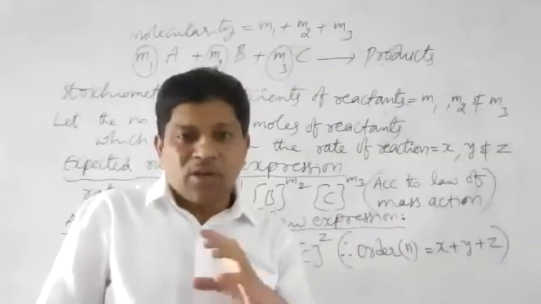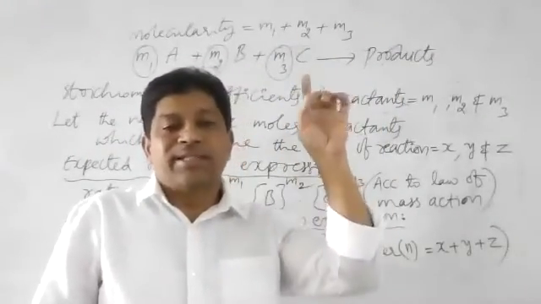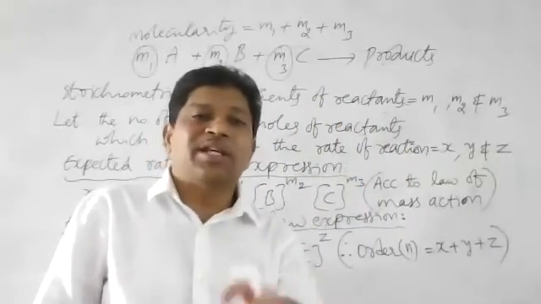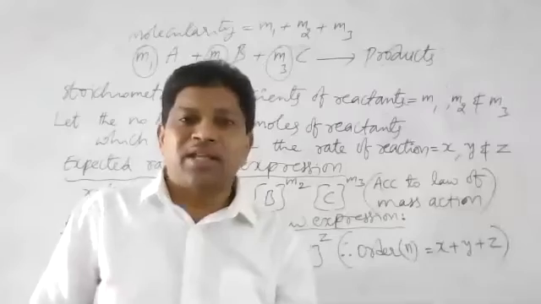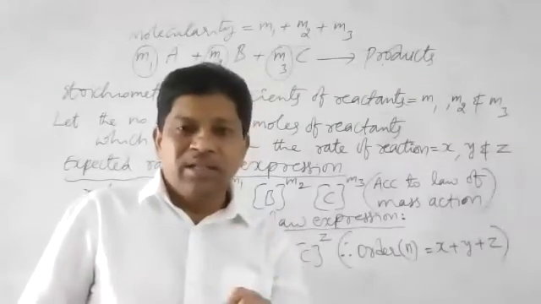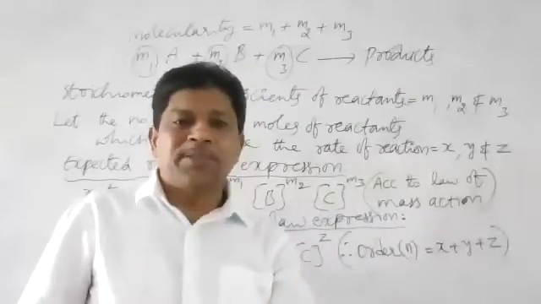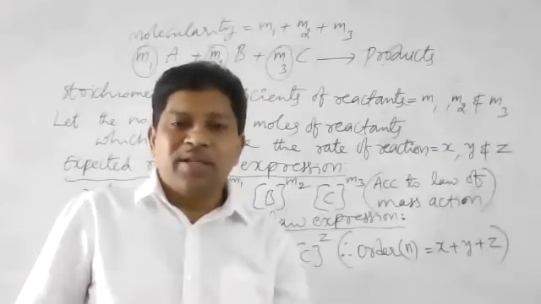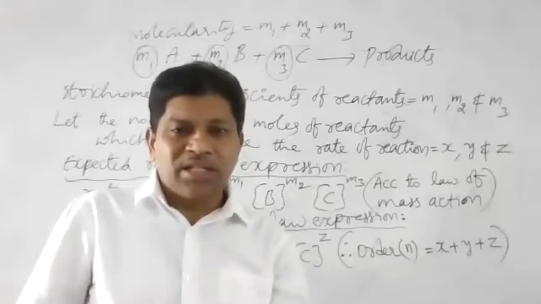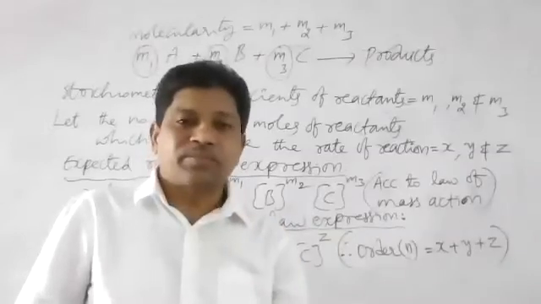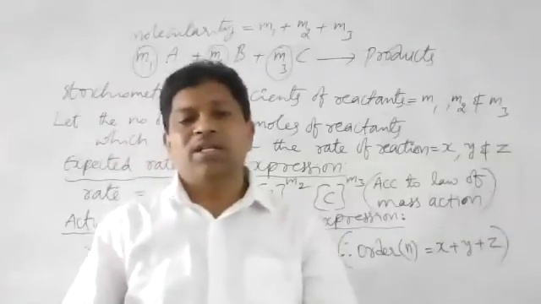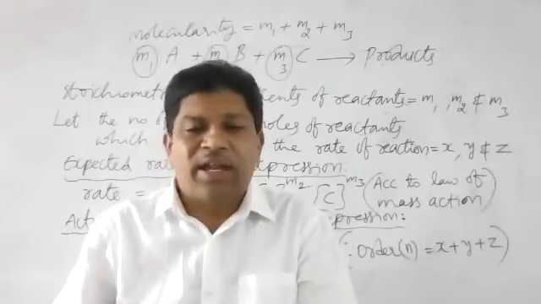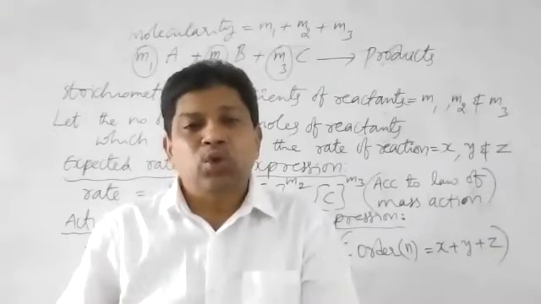Suppose M1 plus M2 plus M3 is greater than 3. In that case, we have to imagine that the given reaction is a complex reaction. A complex reaction means the reaction occurs in 2 or more steps.